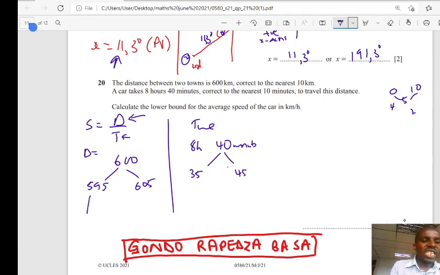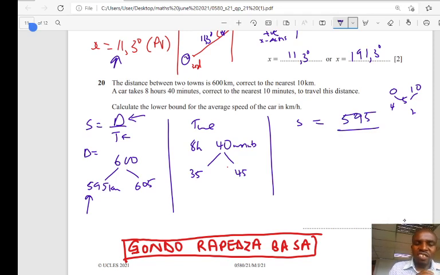So for the distance, you take the lower one, 595 kilometers. You can say your speed is equals to 595, the lower bound for distance, over the upper bound for time. That's the highest value for time. It will be 8 hours 45 minutes, right? So 8 hours 45 minutes is 8 plus 45 over 60, which is 3 quarters, 0.75.